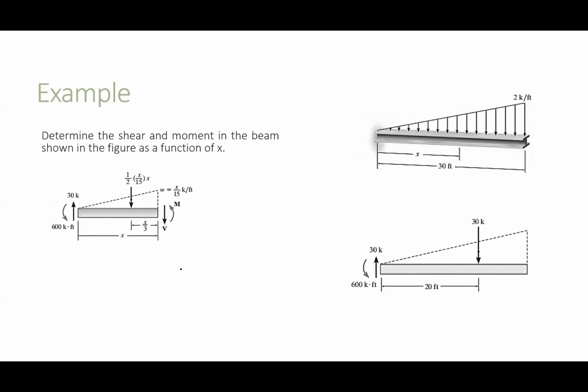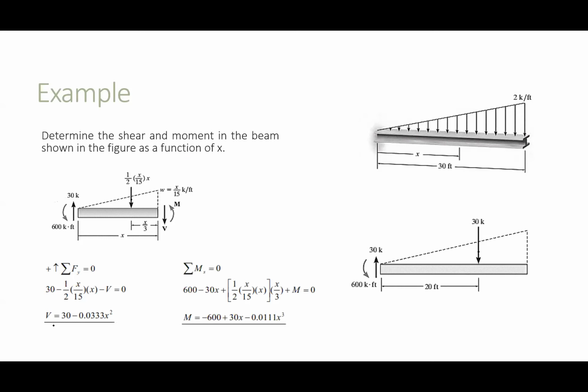Ayan, no? So, x over 15, yun yung height. Tapos, kunin natin yung equivalent concentrated load. Tapos, summation of forces vertical to get your V in terms of x. Tapos, summation of moment naman to get your M in terms of x. Now, for example, ito kasi ang tanong is a function of x.